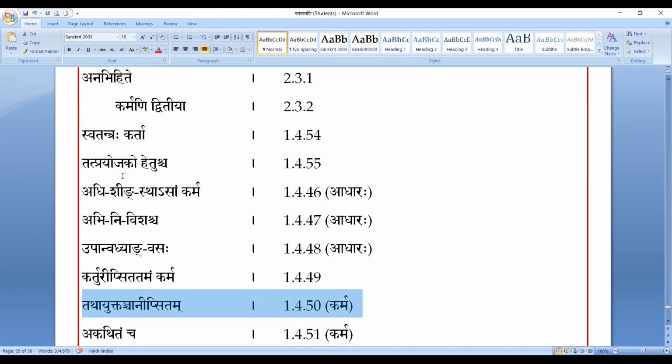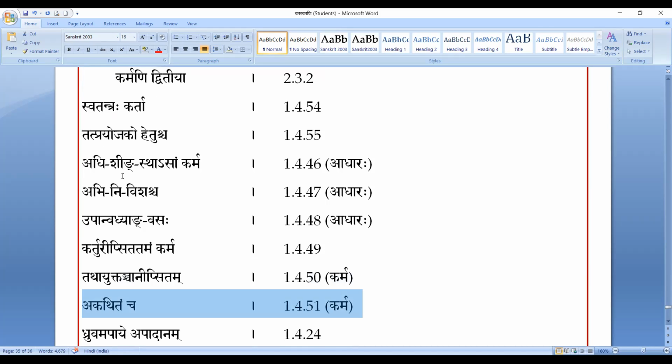Then Tathayuktam Chanipsitam, that which is not desired. We saw some examples, like Visham Bhunkte. That also will take Karma Sanya. Therefore, being Karma Karaka, it will get Dvitiya Vibhakti. Then Akathitam Cha, in which we saw Dvikarmaka dhatus.